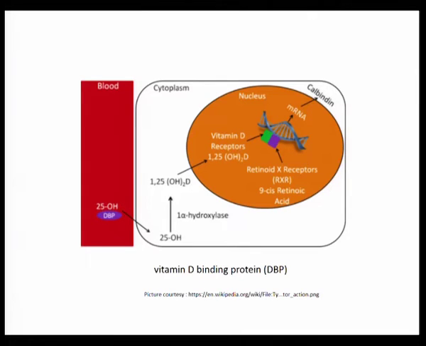Probably that's out of scope in this subject, but I want you to be aware that calbindin is that particular protein which regulates calcium transport within the cell and also ensures calcium availability in the sera for a wide variety of functions.